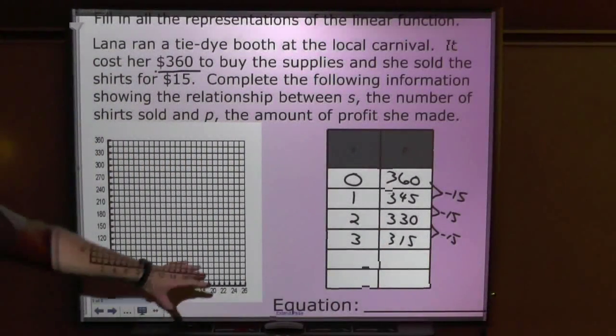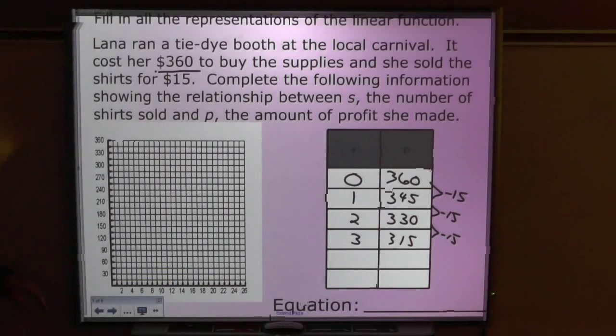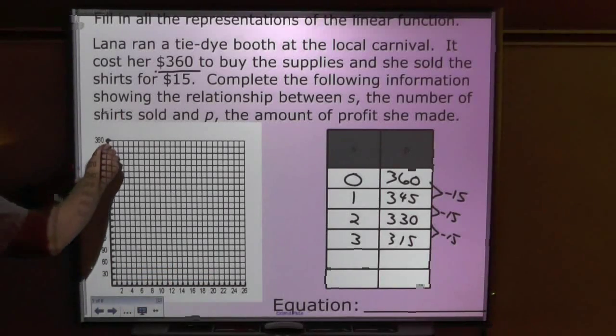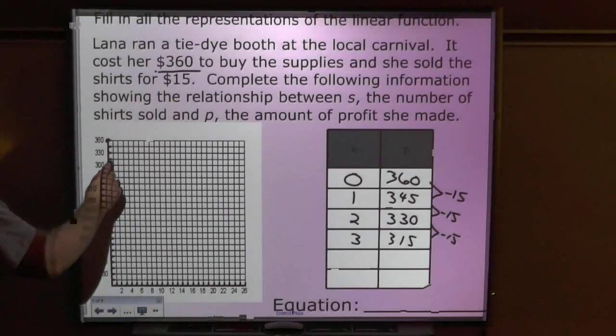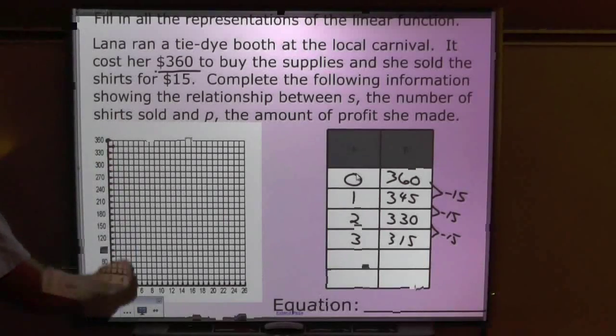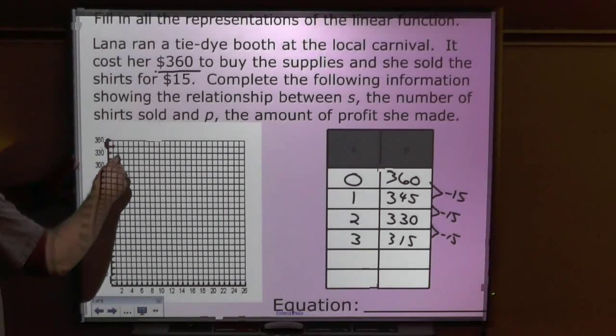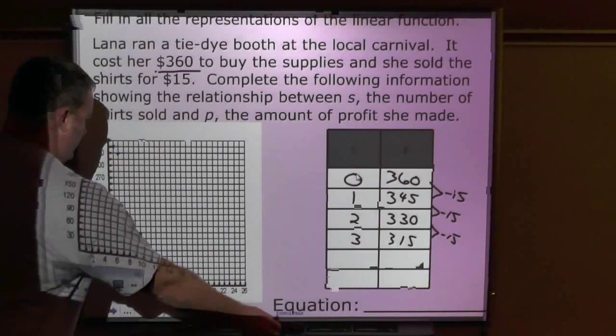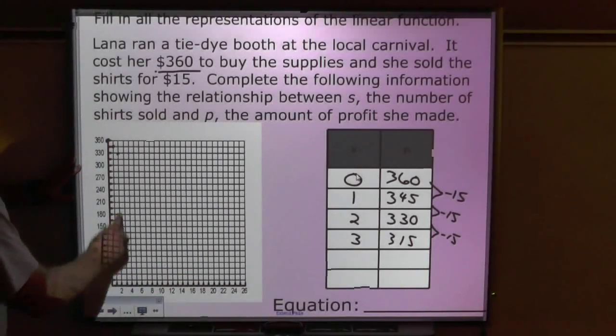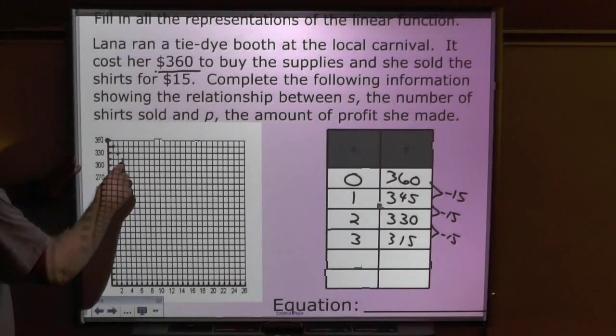Well, we want to write an equation from this. When you fill this out, you start at 0, 360. 1, 345. 2, 330. 3, 315.